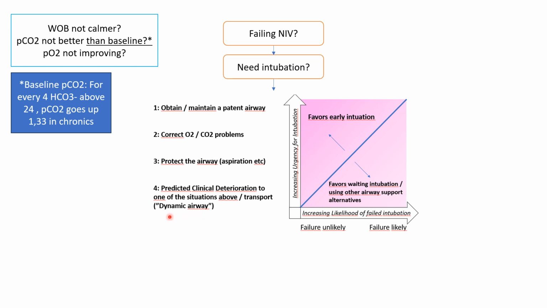You can resuscitate them a little bit and assess them and do other things to make them less risky. And then there's increasing likelihood of failure of intubation. Well, is failure likely? That's an entire lecture on its own about the physiological and the anatomical problems and so on, of intubation and the HOp killers, as I talked about.